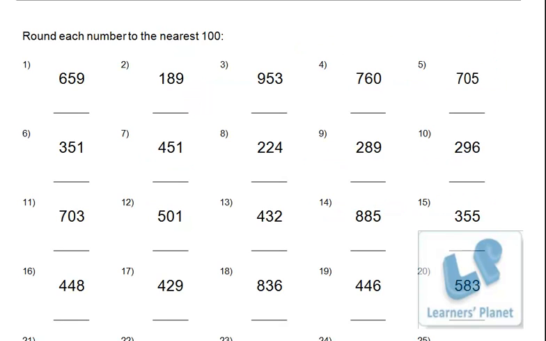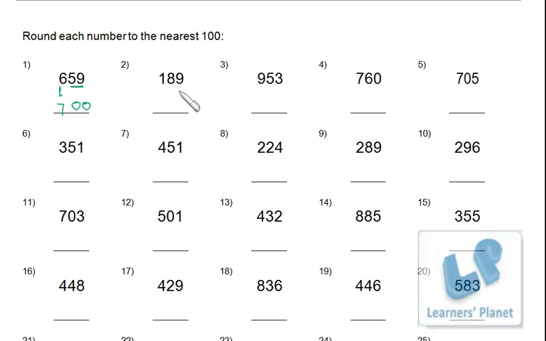Now let's try this sheet. Round each number to nearest 100, right? So what I do, first of all I put up 2 zeros. If we have to round the number to nearest 100, then I put up 2 zeros. Now I see last 2 digits, 59. It is more than 50, so I add 1 over here. So 6 and 1, 7.